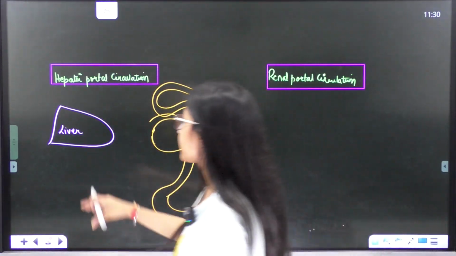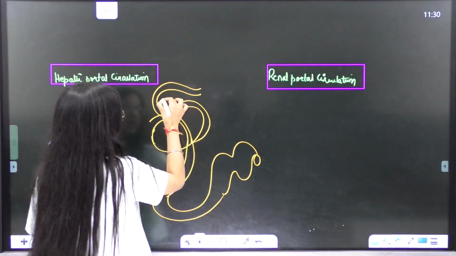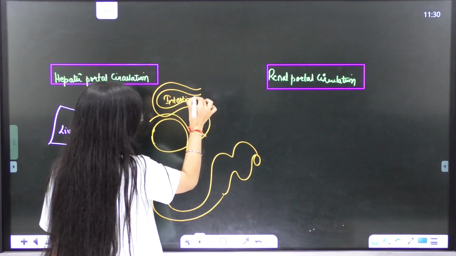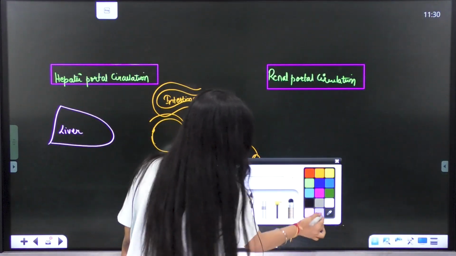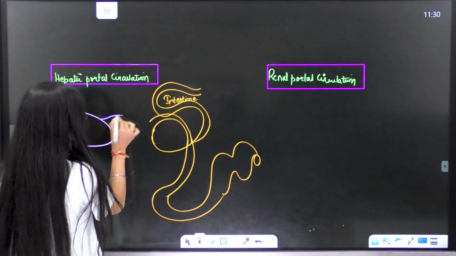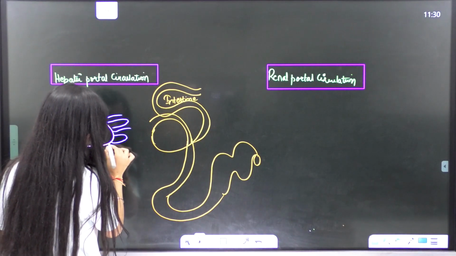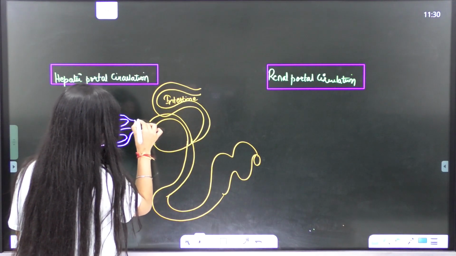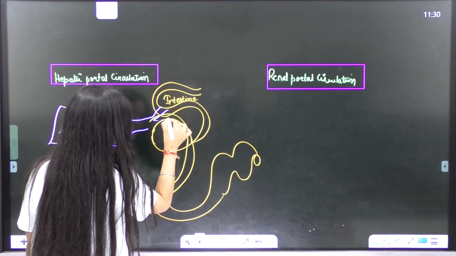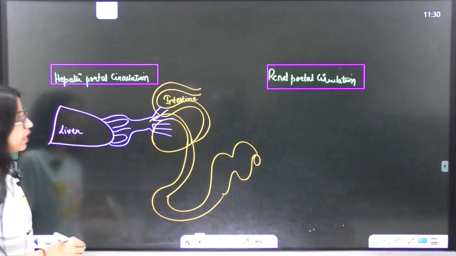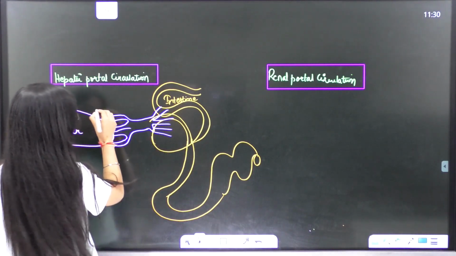Clear? It starts with the liver and ends at the intestine. What happened? The capillaries from the liver will carry the blood towards the capillaries of the intestine.